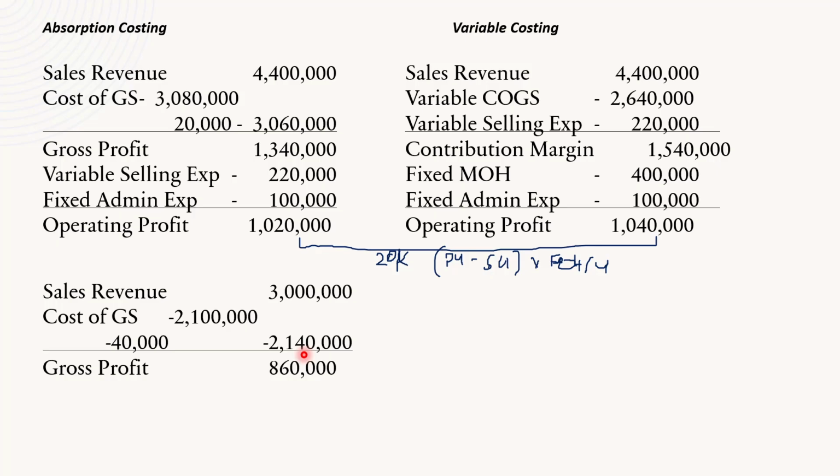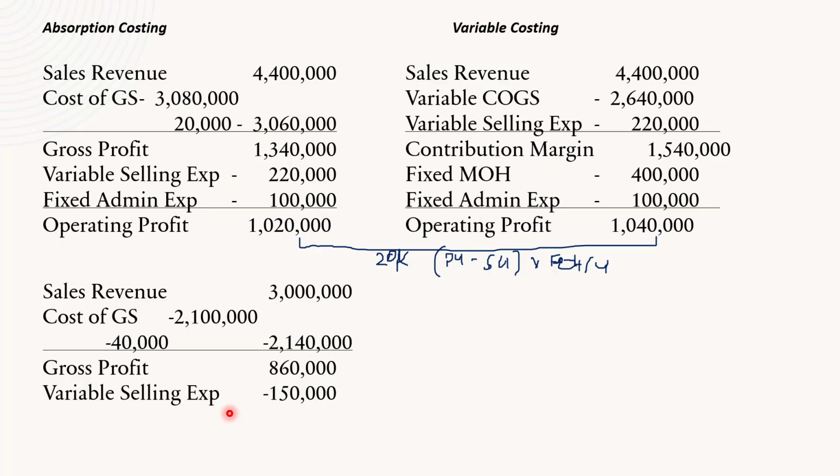So we will deduct next the variable selling expense, 10 per unit. No? So 15,000 units lang nabenta sa scenario B. In scenario B, our units sold is only 15,000.